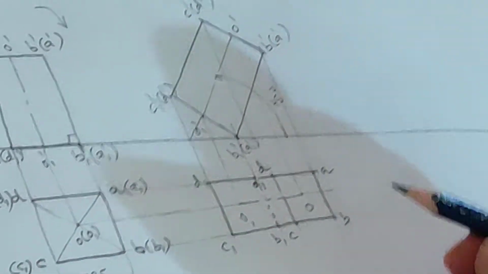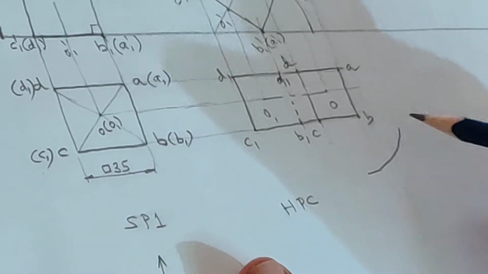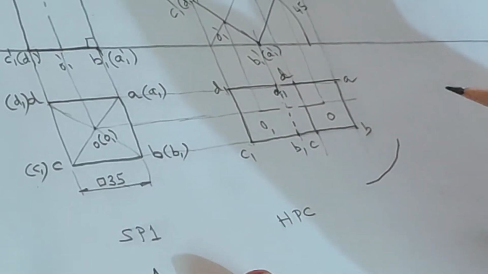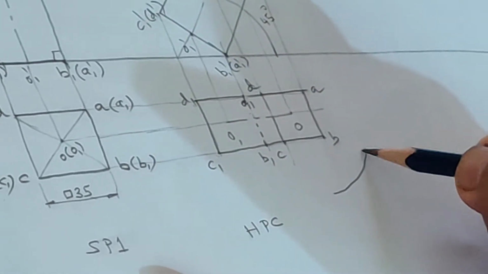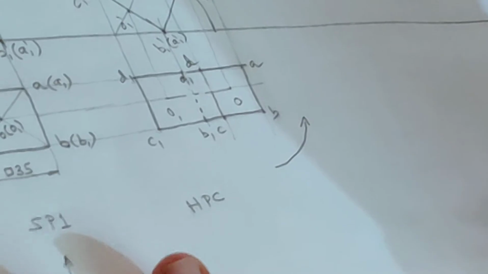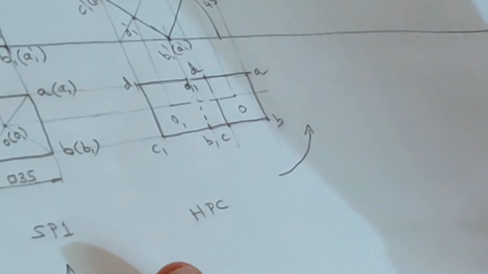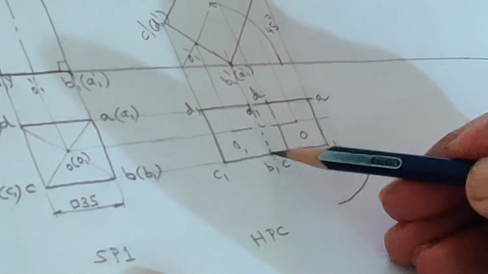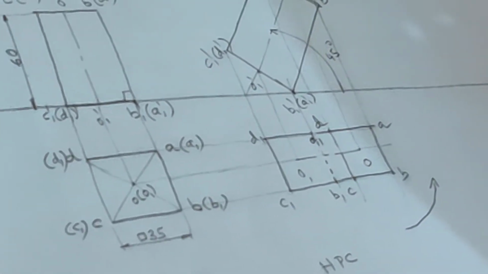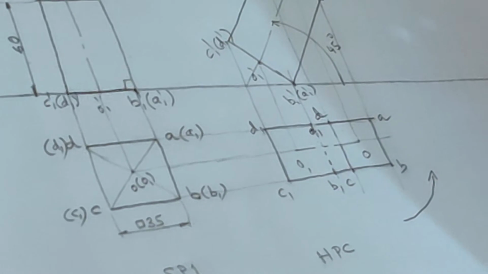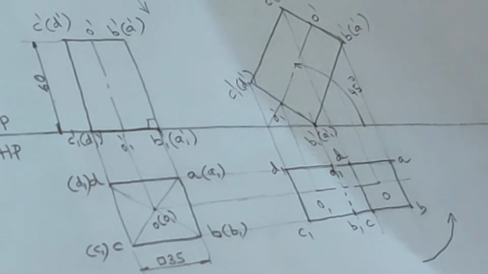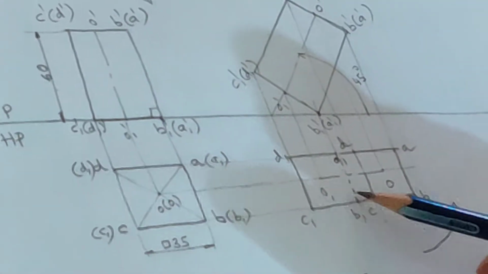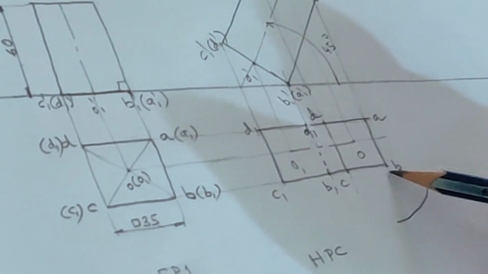So, what are you going to do? You are going to rotate it like this or the other way. Okay, let me rotate like this. And see that this edge A1, B1 is drawn inclined at 30 degrees to XY. Okay, so what I will do is, A1, B1 and AB are parallel to each other.